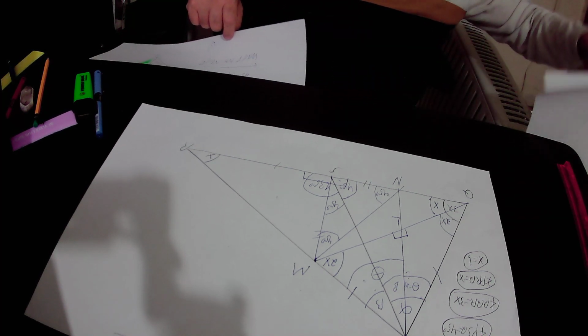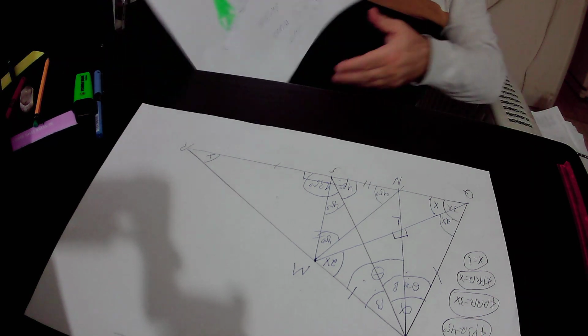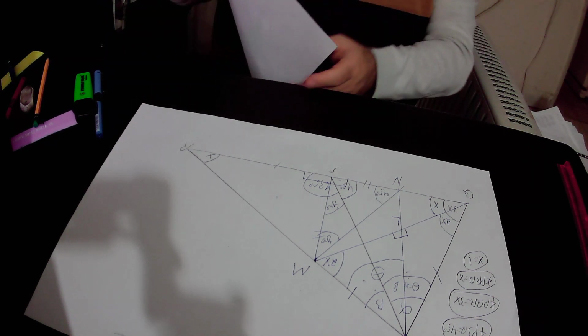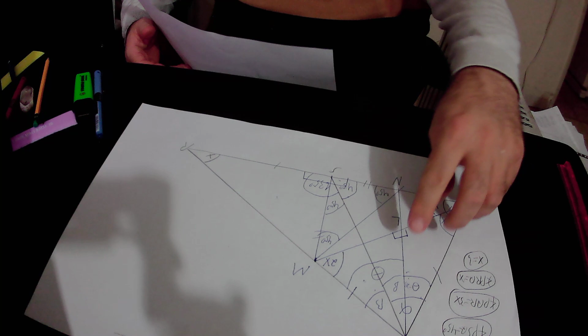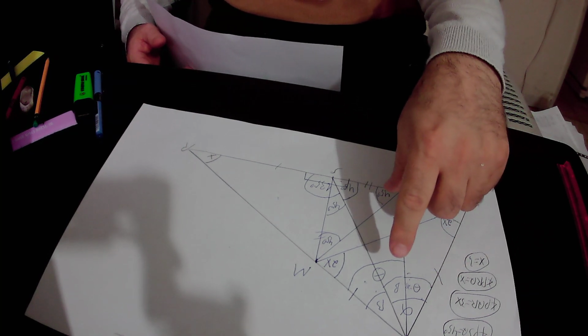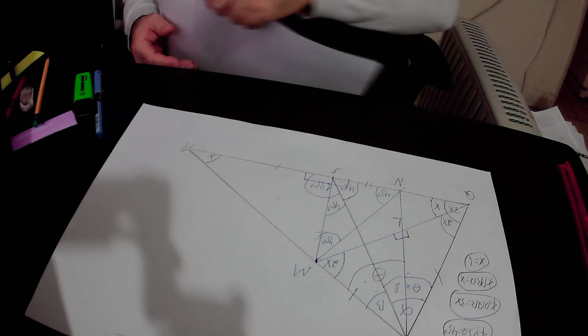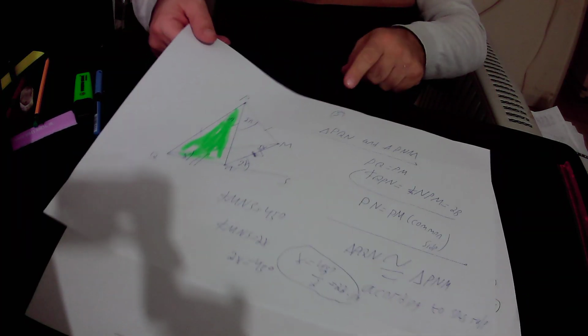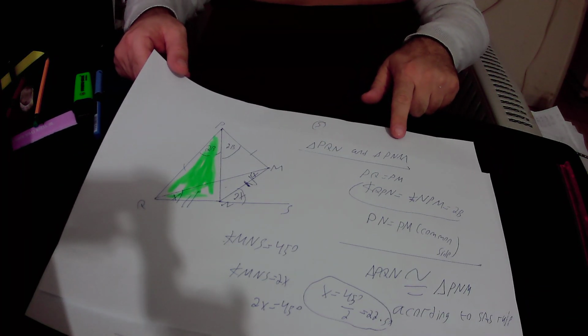Then we proved that triangle PQN is congruent to triangle PMN. Why?